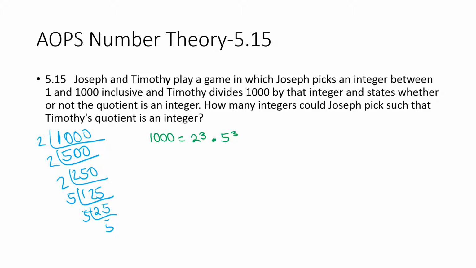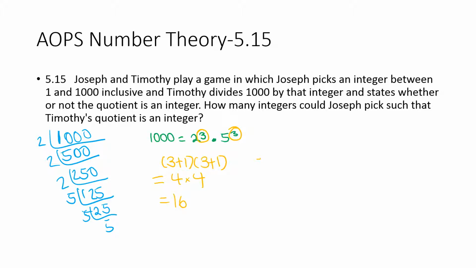If you want to find how many integers would be a positive divisor, then you do the exponents plus 1 multiplied together. The two exponents are 3 and 3. So you do 3 plus 1 times 3 plus 1. That's the number of divisors of 1,000. That's equal to 4 times 4, which is 16.